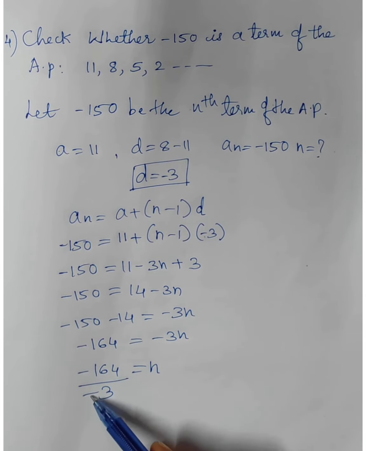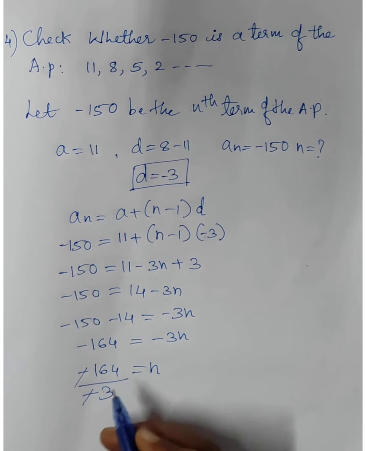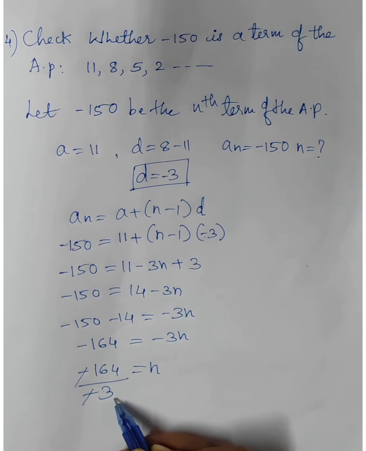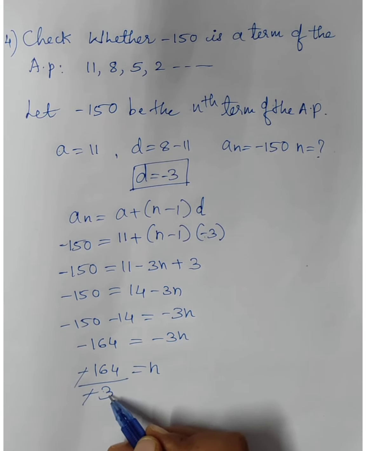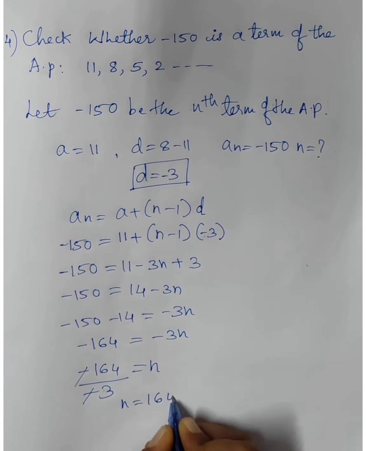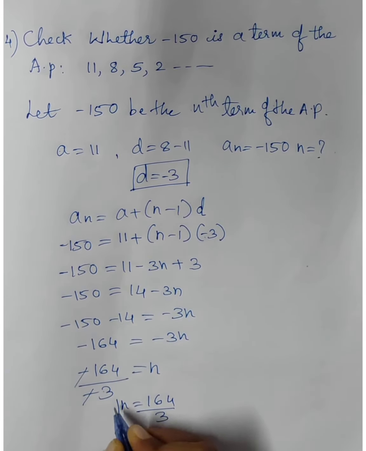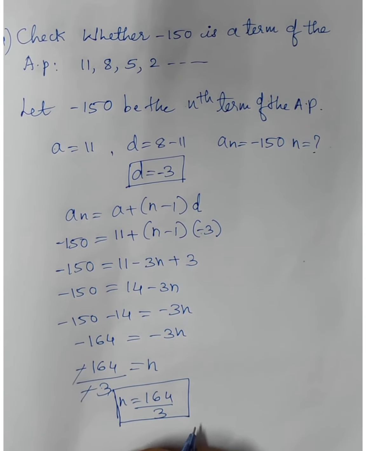Okay. Now this is negative, this is negative. So the negative sign will get cancelled. So now it is 164 by 3. See, this will not get simplified here. Okay. So you keep it as it is. So what is the value of n? n is equal to 164 by 3. Okay. The value of n is 164 by 3.